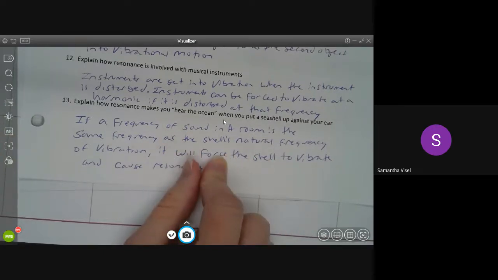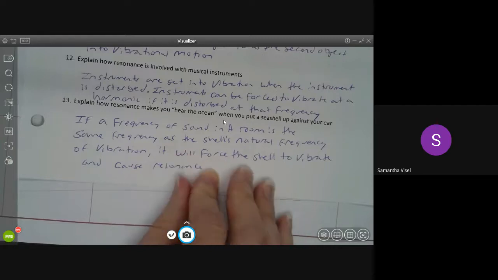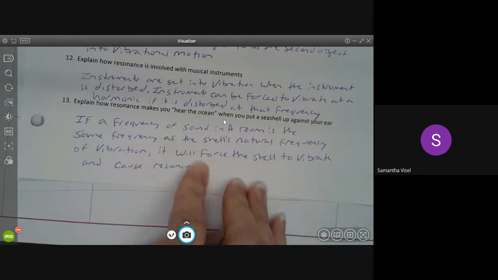So it can cause that seashell to vibrate on its own from the other sound. And so when you put your ear up against the shell, you can hear, quote unquote, the waves, when in reality it's simply the seashell vibrating due to some background noise being at the natural frequency of the seashell.